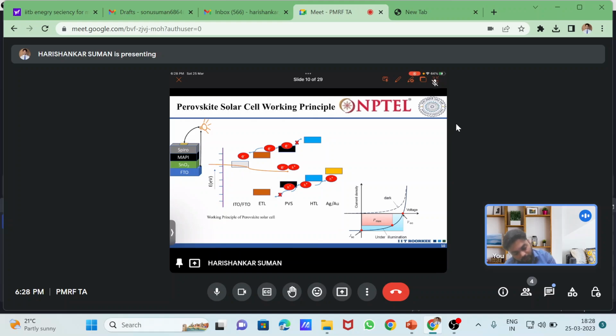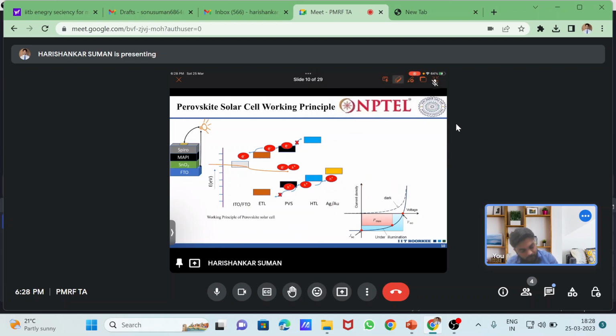Then the electron goes to the FTO and the hole goes to the metal electrode side. Then an external circuit is applied and we can collect the power. This is the working principle of perovskite.